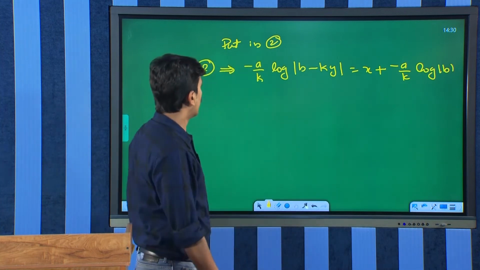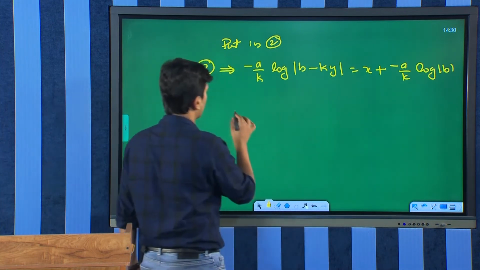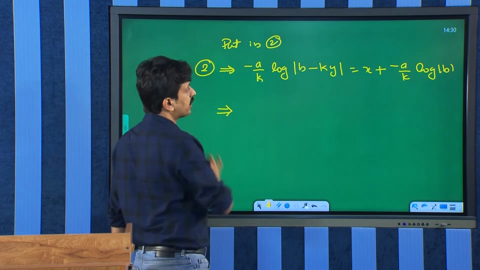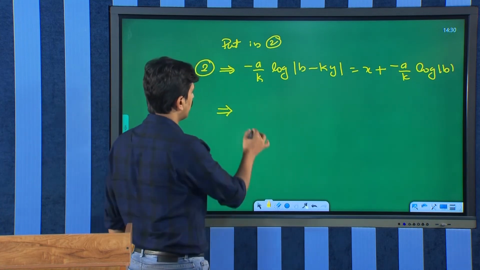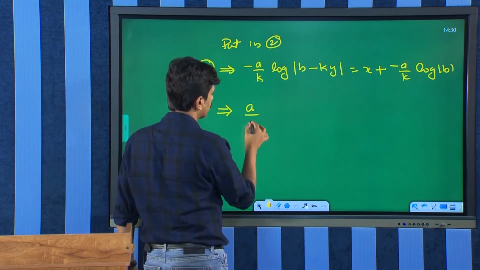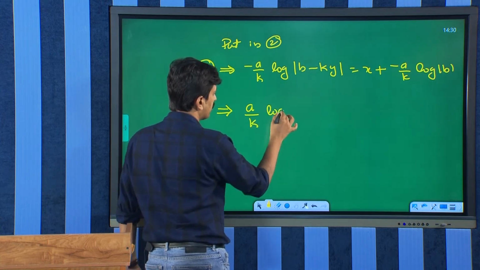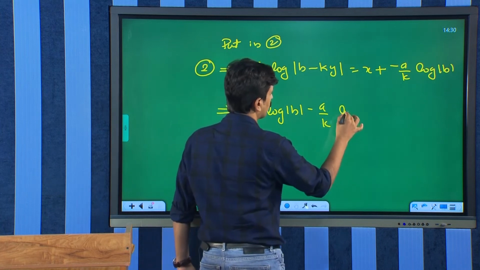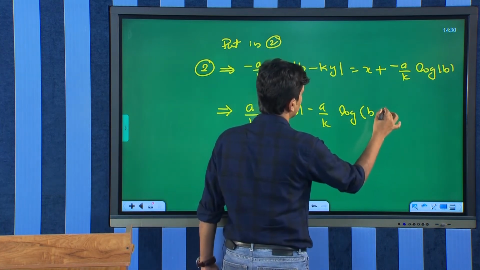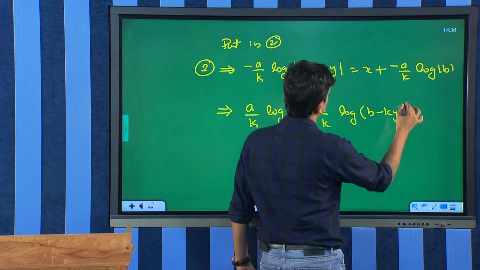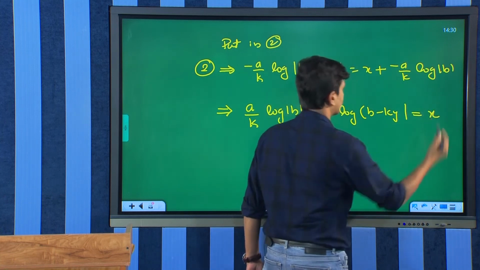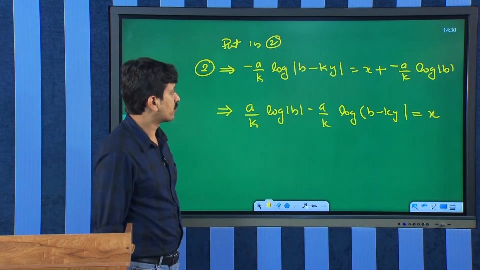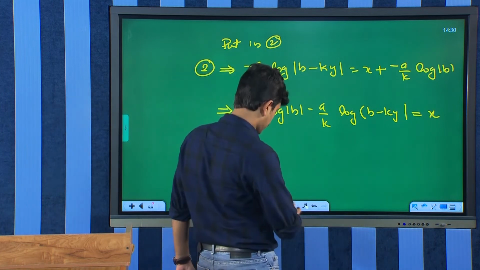Okay. So, while taking this to here, we will have minus a by k log mod b minus ky is equal to x.